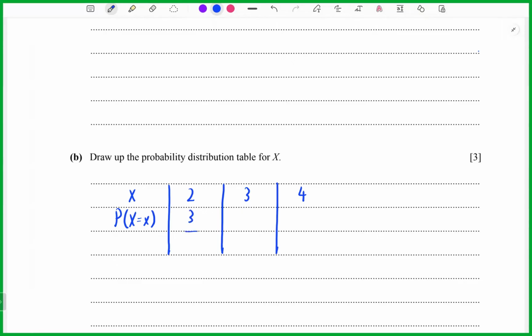Here we already have the information, 3 over 14. Now we complete the table first. We need to calculate P when X equals 3 and X equals 4.